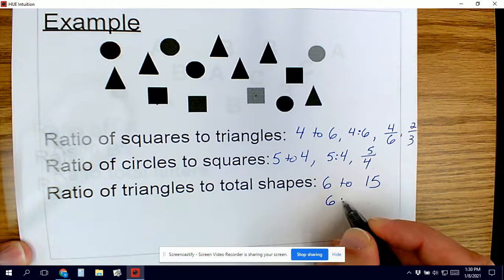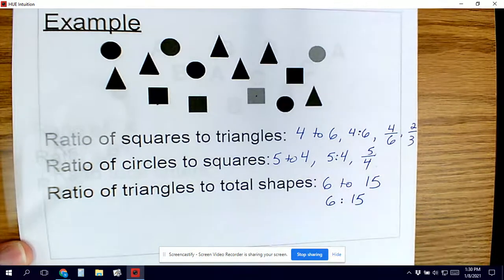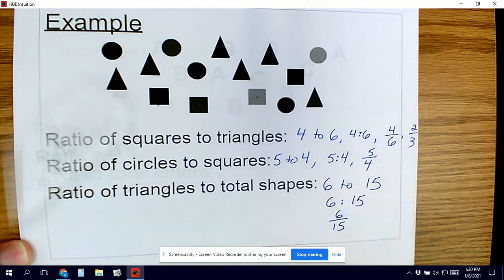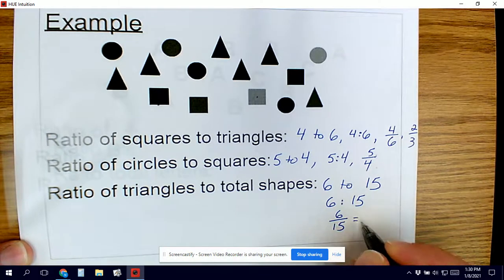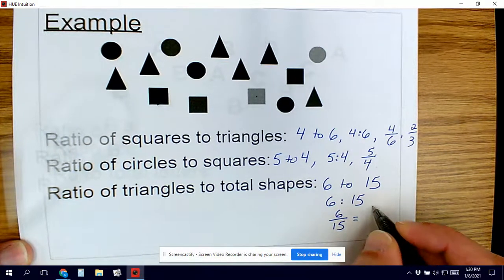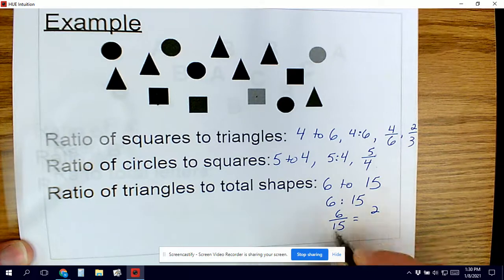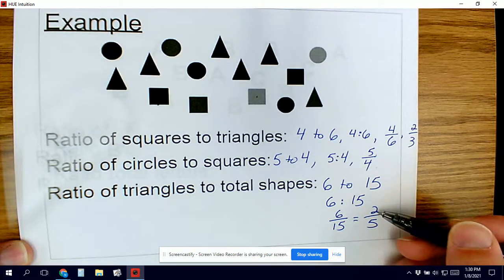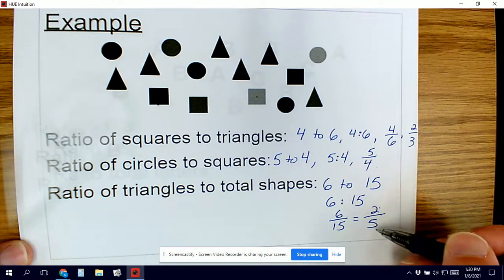That could be written as 6 to 15 with a colon, or in fraction form, 6 over 15. And also don't forget, if you wanted to simplify that ratio, that's also permitted. Both 6 and 15 are divisible by 3. 6 divided by 3 is 2, and 15 divided by 3 is 5. So that ratio would simplify to 2 to 5: 2 triangles out of every 5 total shapes.